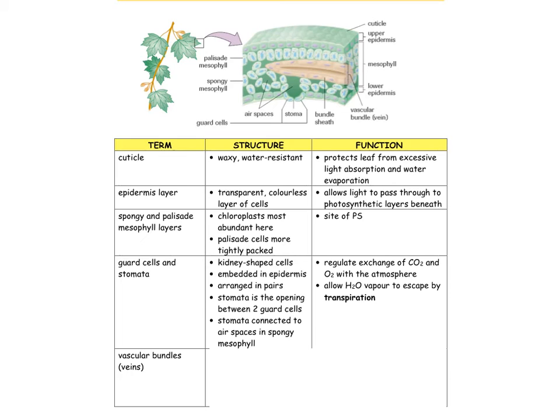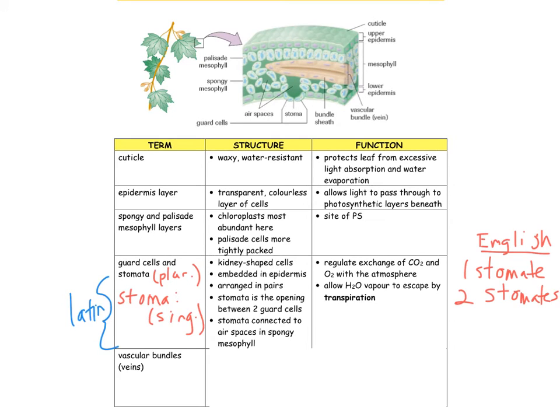Okay, so maybe I should write that down. So there I've written a little bit out for you. Again, in English, we would say one stomate, two stomates. In Latin, we would say one stoma, multiple stomata. And I hope that that helps.